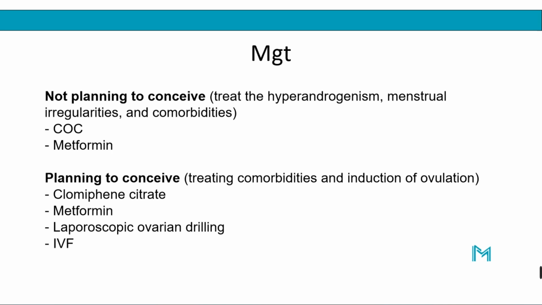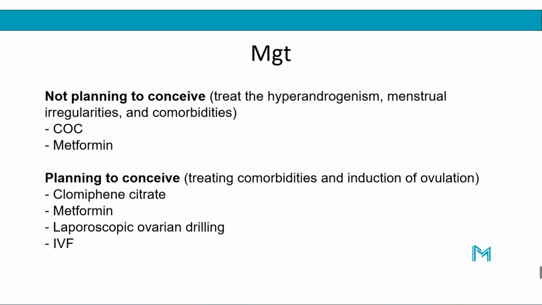So those are the ones you are trying to treat, along with any other comorbidities that they may have. So for them, the first line is usually combined oral contraceptives, and combined oral contraceptives in these patients have the benefit of treating the symptoms of the hyperandrogenism, and the menstrual irregularities are also controlled.